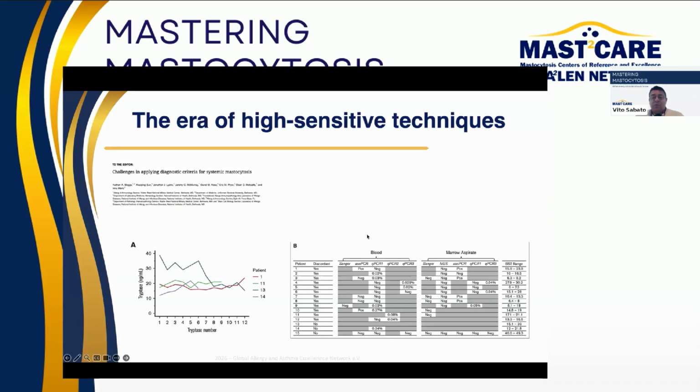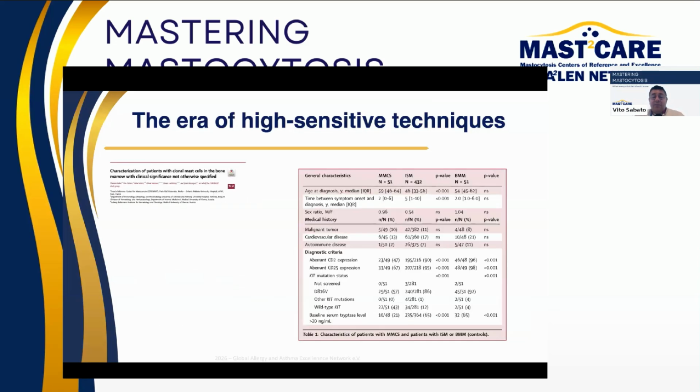Sometimes, even if it's robust, and I do agree with Sigurd that it is the most robust test we have, you might fail to find the mutation only in peripheral blood. And since there is a really low burden, you might have some discordancy between the techniques you used for the KIT mutation analysis, even if you use highly sensitive techniques.